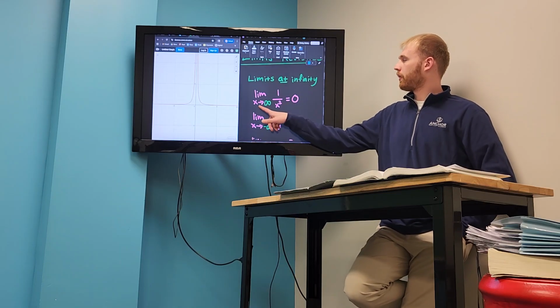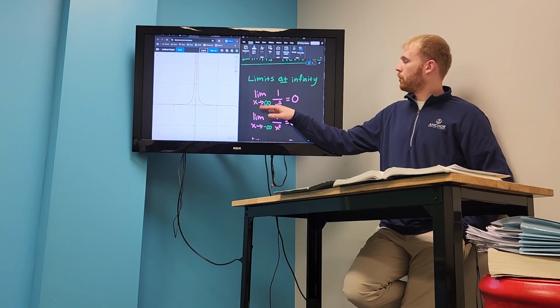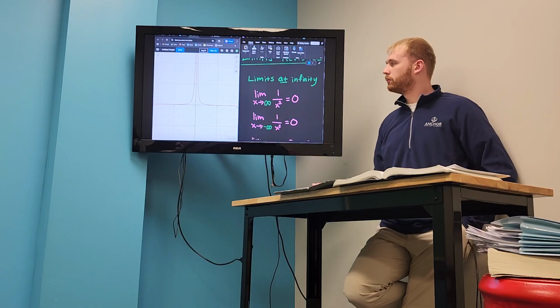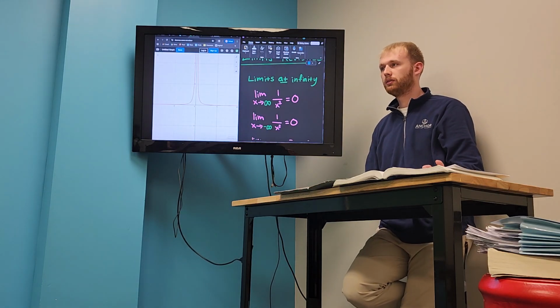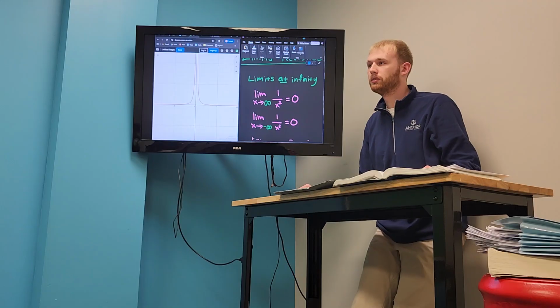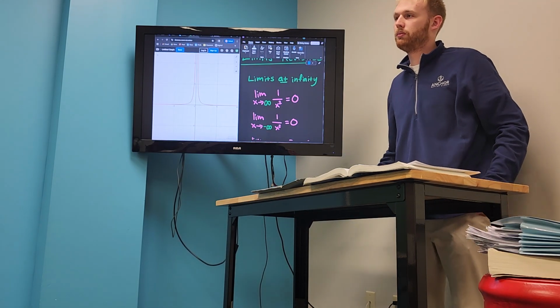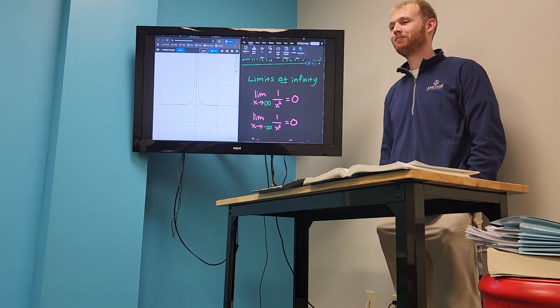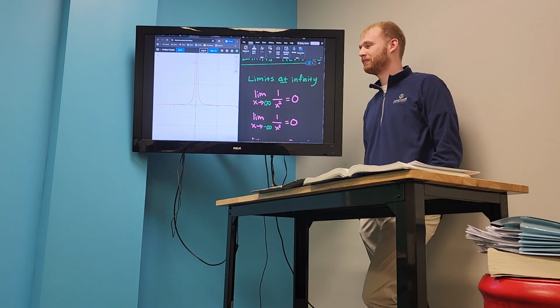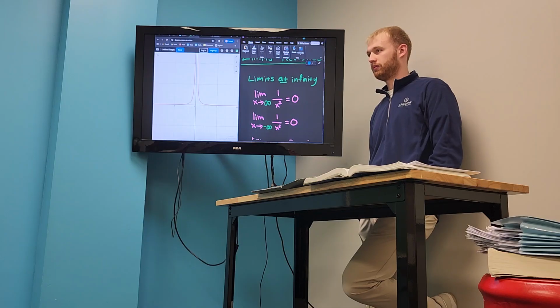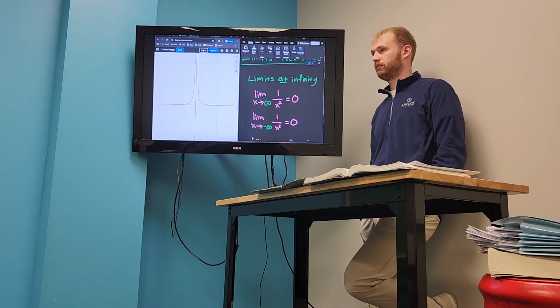Let's talk about this first one then. The limit as x is approaching infinity, or as x increases without bound, of this function is equal to 0. Can we make sense of this by looking at the graph? Tell me. Well, for either direction, if you go to negative infinity, since it's squared, it's never going to be a negative value, so it's just approaching that y equals 0 the entire way.